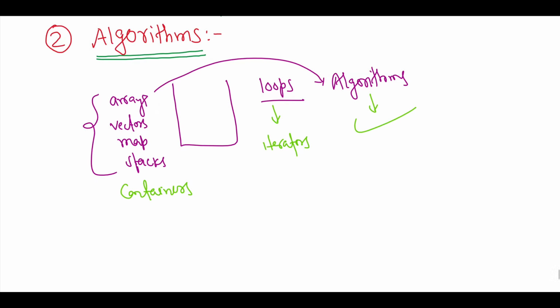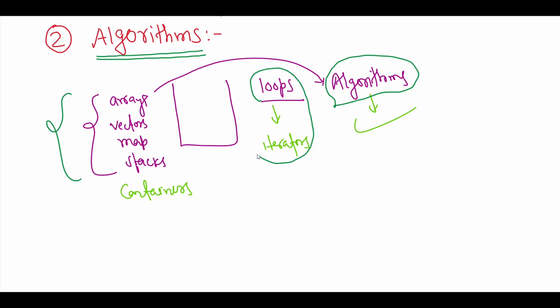But one thing to note here is that these algorithms operate on all of these containers, but they operate on them indirectly through these loops, or we can say iterators, right? There are many algorithms which operate on a sequence of elements defined by a pair of iterators, one pointing to the first element of the sequence and another pointing to the element past the last element.